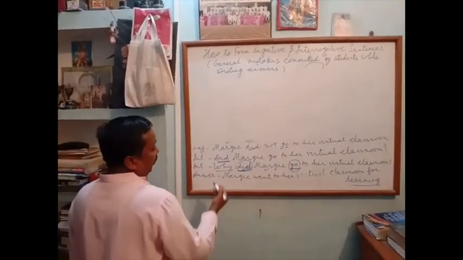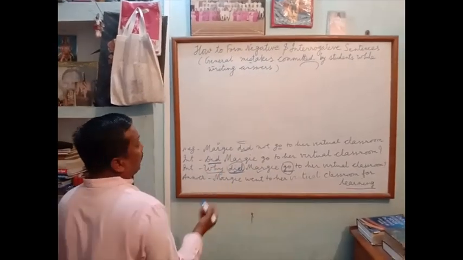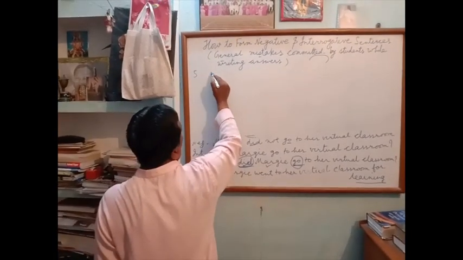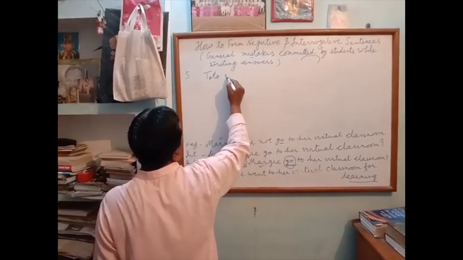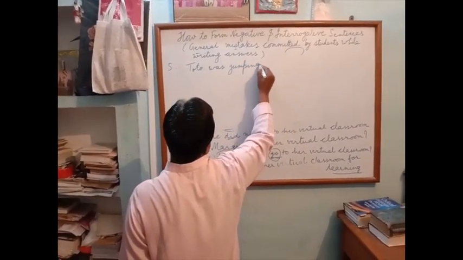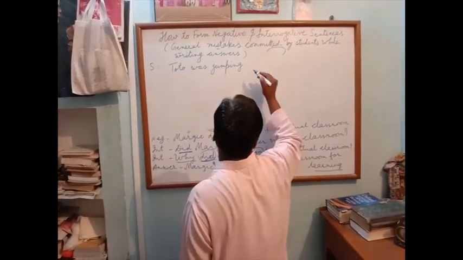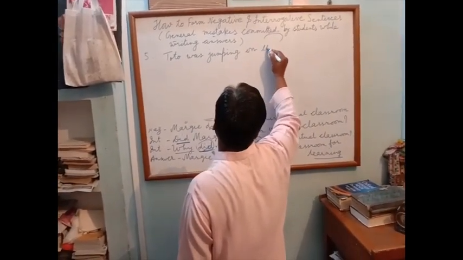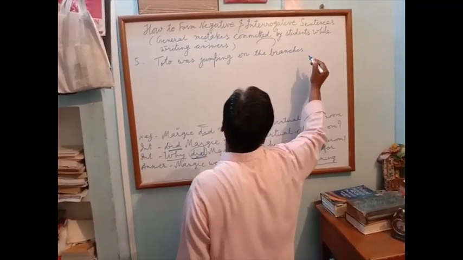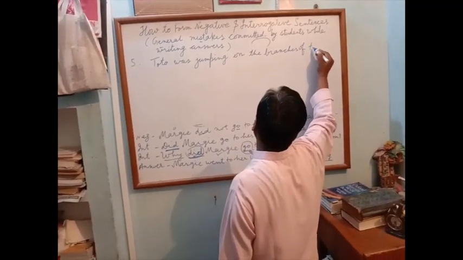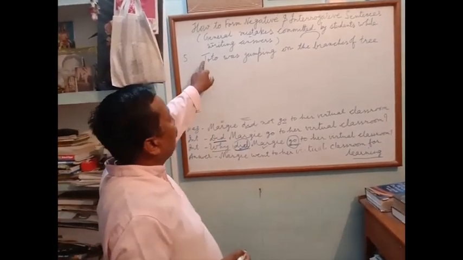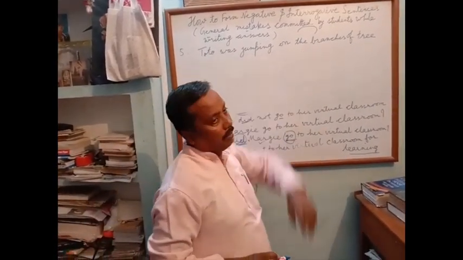Past continuous tense. This was a simple past. Now past continuous tense. Toto was jumping on the branches of tree. Toto was a monkey. He was jumping on the branches of tree.